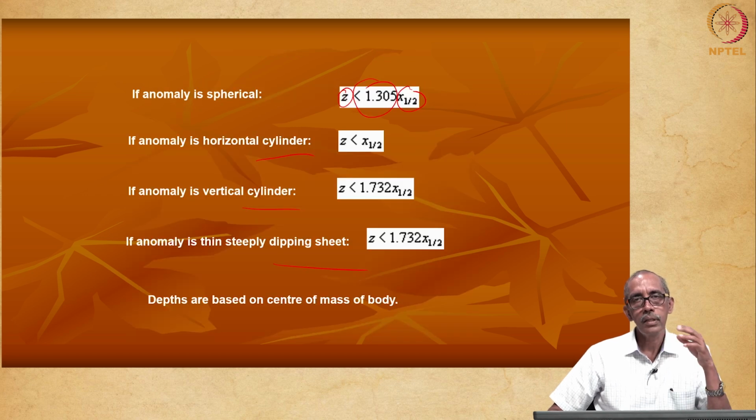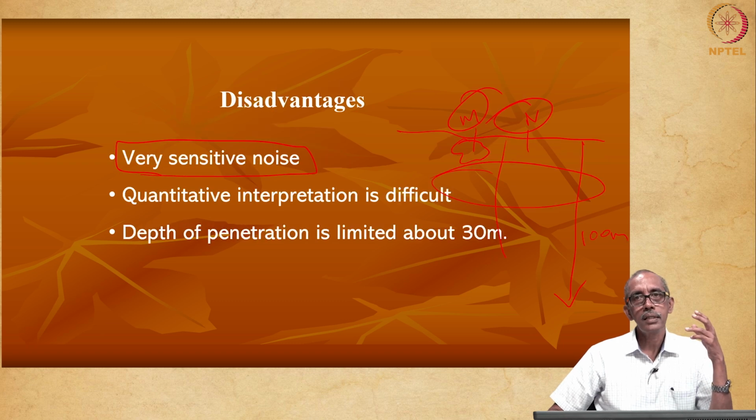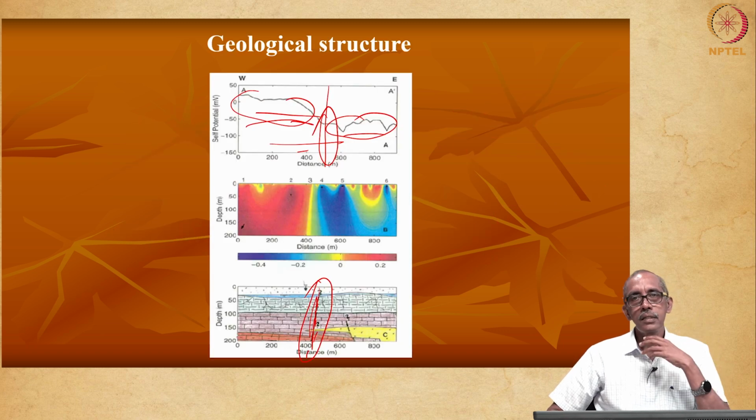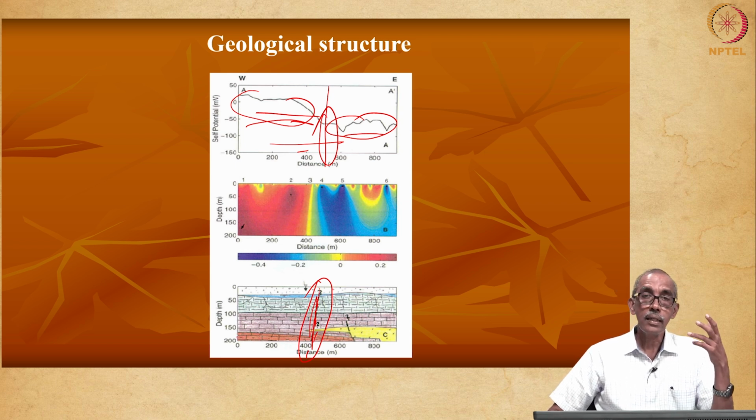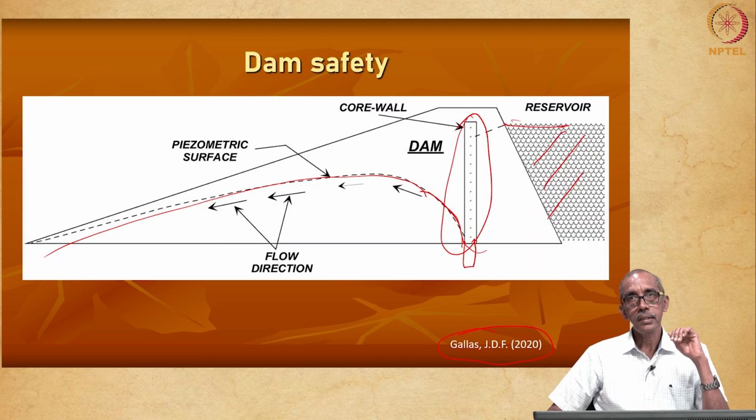Then we had a look into applications as well as advantages and disadvantages of the method. Then we had a look into some interesting case studies carried out around the world. Here we have understood how the cell potential method is able to help us delineate buried major structures.